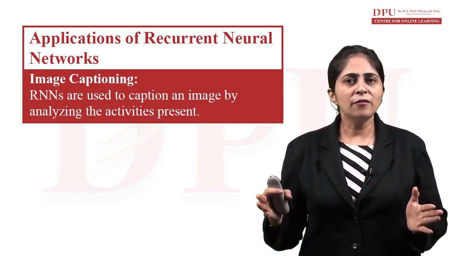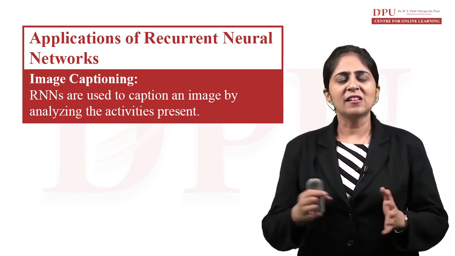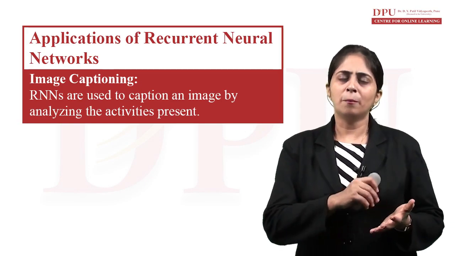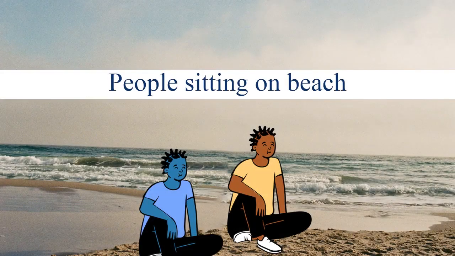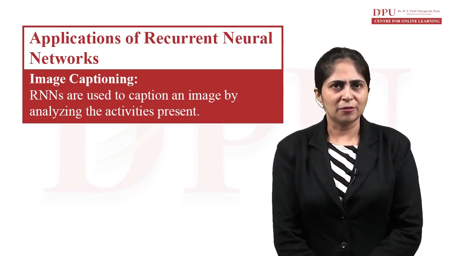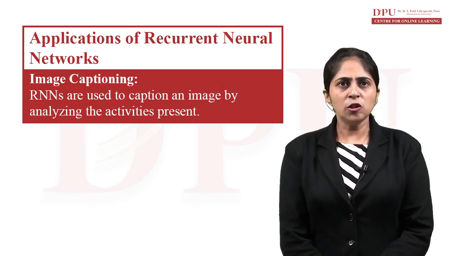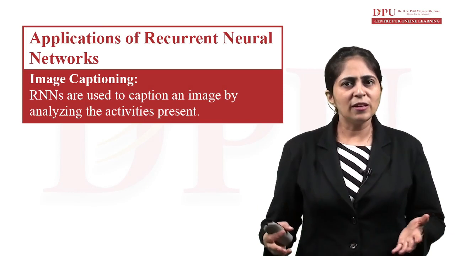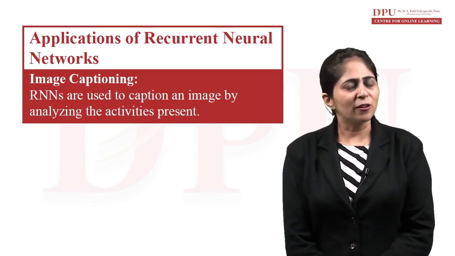Like if you have a photograph of some people sitting on the beach, you can just write a caption, people sitting on beach. So the photograph is described in textual terms. That is what image captioning is. RNNs are used to caption an image by analyzing the activities present in our pictorial representation of data.